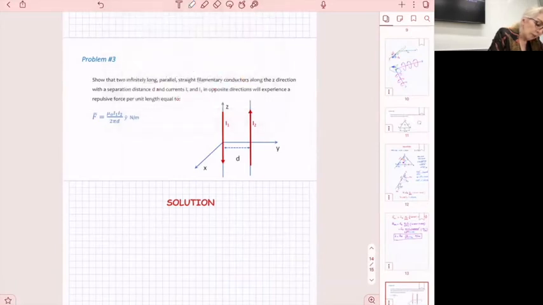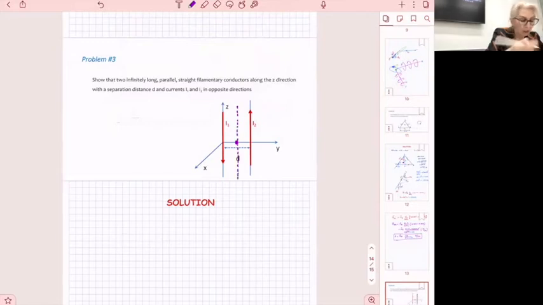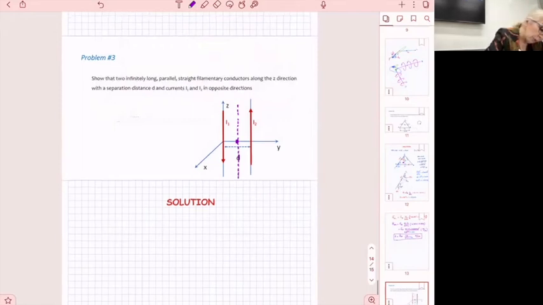I will not talk about force here since we have not done examples with forces, but I will modify the problem. I could ask you to prove that the maximum field is in between the two conductors, or to find the field if this is in the center here, or to find the field along this line. Since they are infinite, it will be the same everywhere on this line. Or I could just say find the field at the point O.